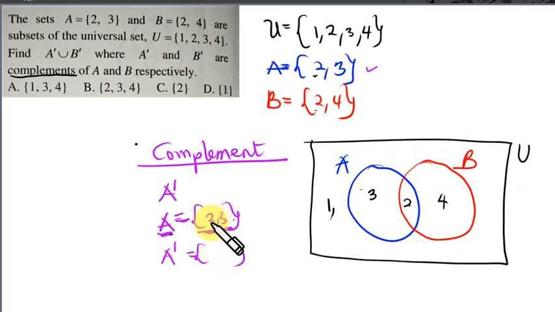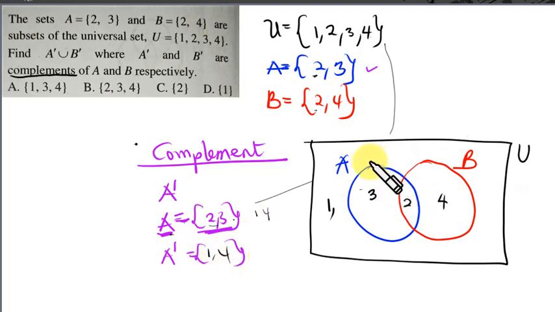If you look at the set A, it has 2, 3, and the universal set has 1, 2, 3, 4. The set of elements that add to the set A to make it the entire universal set, of course, will be the 1 and the 4. So A complement will be 1, 4.